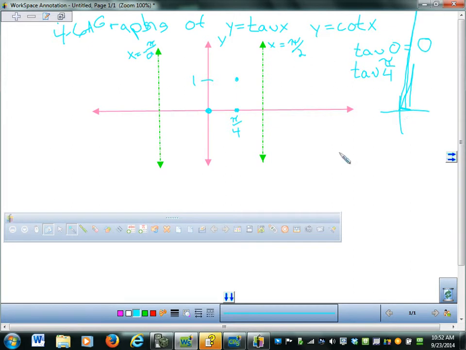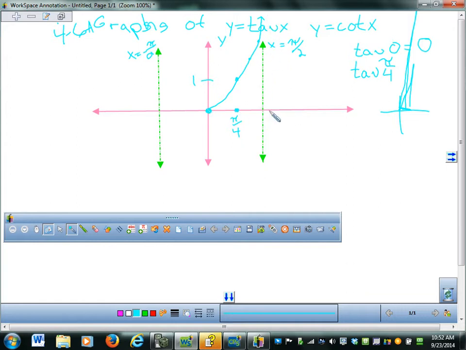So as I approach pi over 2, this thing gets bigger and bigger. At 60 degrees, or pi over 3, it would be root 3, which is 1.7, so somewhere up here. Then it keeps going up, and it never touches pi over 2. That's an asymptote, because it goes to infinity right there.